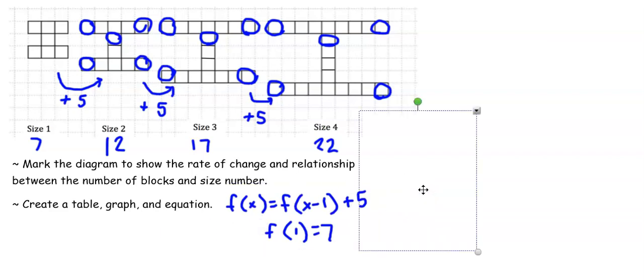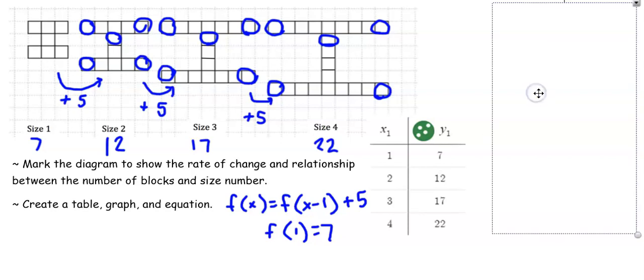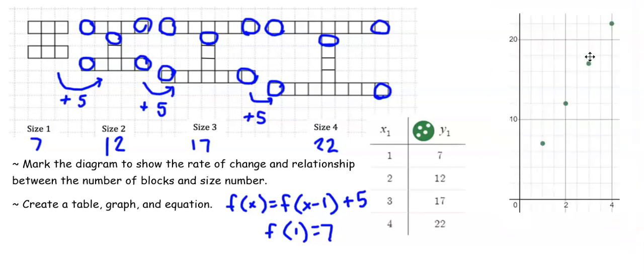I'm going to go ahead and show the table. The table is organized here where x represents the size number and y represents the number of blocks in the figure. And then here I have a graph that shows my linear relationship.